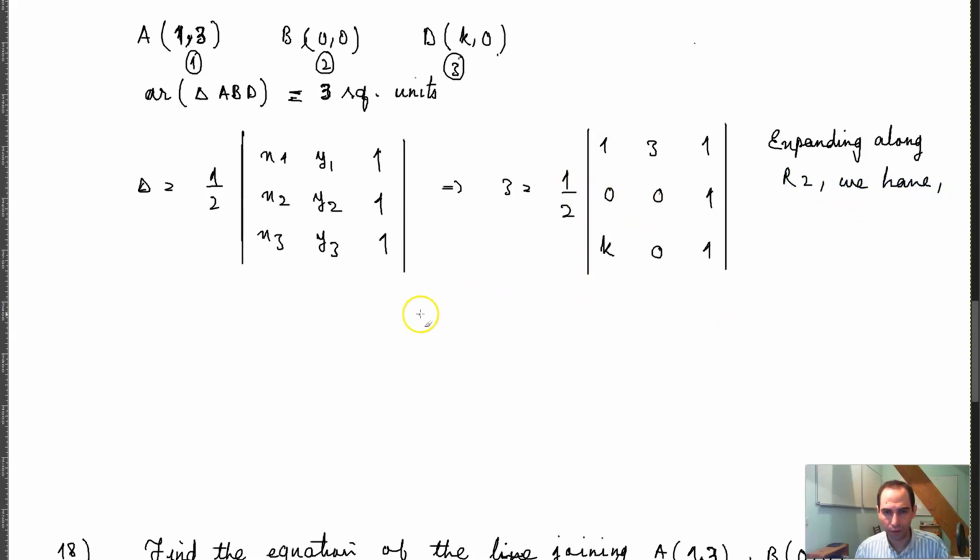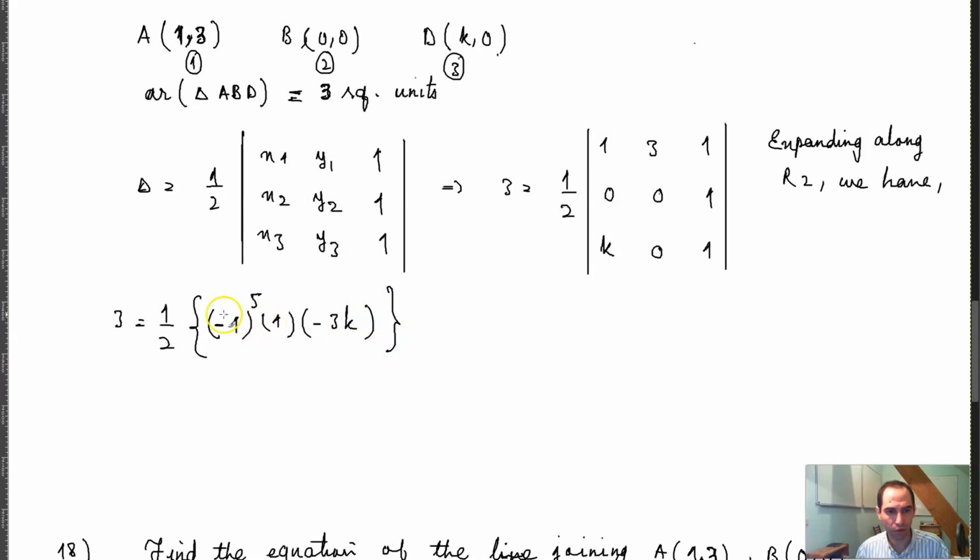So basically you have 3 is equal to 1/2 times -1 raised to the 5th power, since you're in the second row, third column, times 1, times, eliminating this row and this column, you'll be left with 1, 3, k, 0, which is 1 times 0 is equal to 0, -3k.